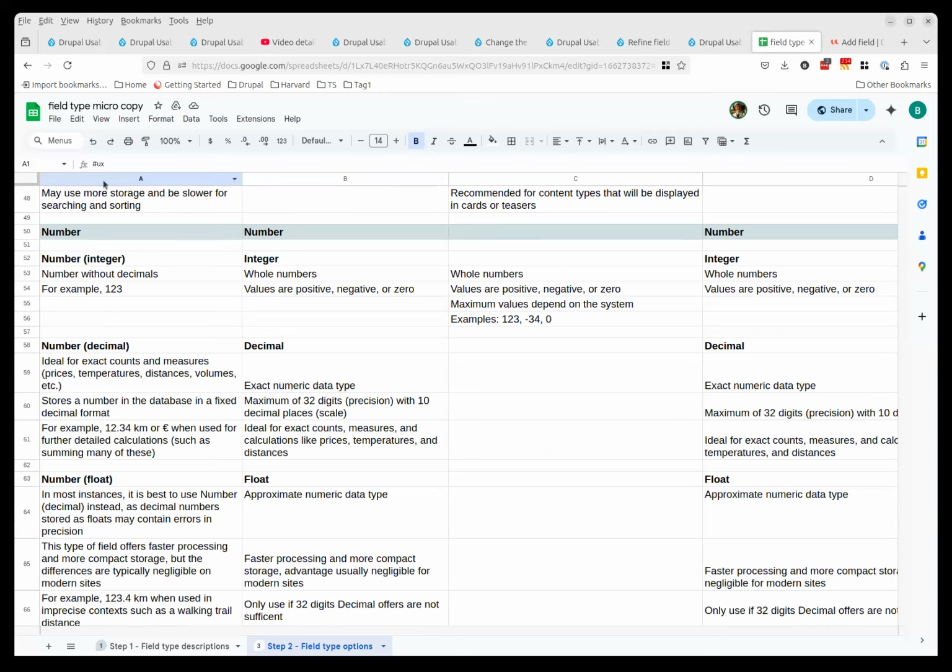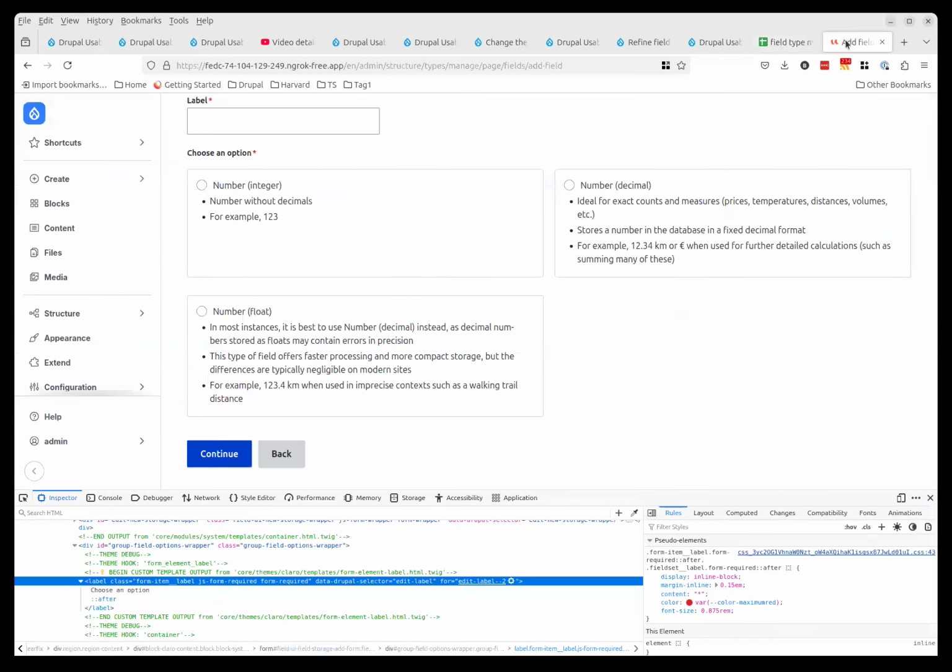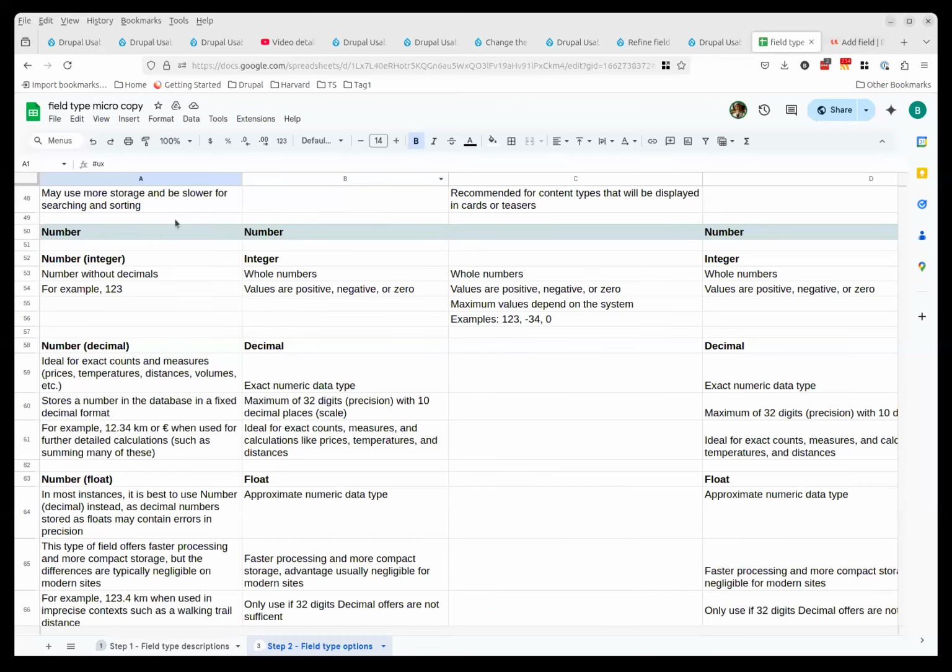The first column, column A, is the current state: number without decimals, for example, 1, 2, 3. Ah, yeah, right. Sorry. Column A is the current state. Column B is the current suggestion, which is basically mirroring the work I've done, and then column C is the meeting. Right.